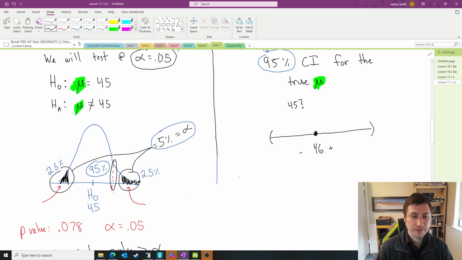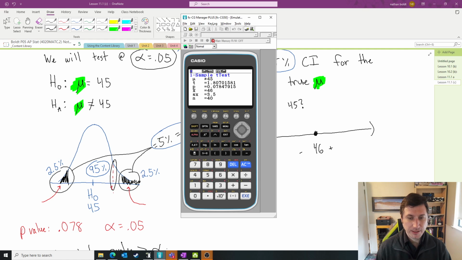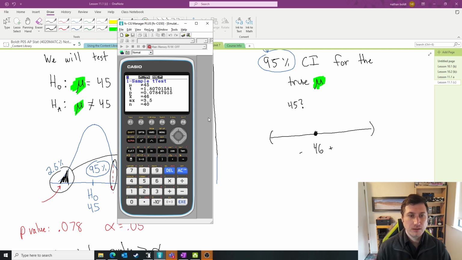Is 45 a plausible value inside the confidence interval? Let's see. Bring up my calculator again. Exit. Interval this time. T interval, one sample. I want a 95% confidence interval. I want a 46 for X bar, 3.5 for the standard deviation, and 40 for my sample size.